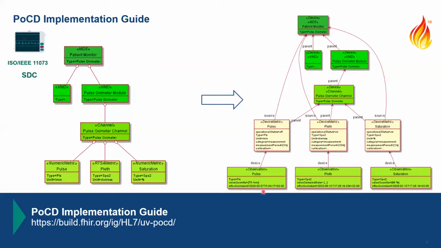What you can see here as well is that we then use observations, of course, to have the measurements captured. So you can imagine this tree here as a capability description of the device. You can find out a lot about the measurement context.